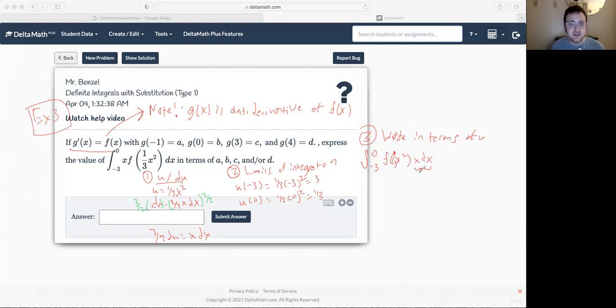So this x dx becomes 3/2 du. And then this becomes your f of u. And for our new limits of integration, we're going to go from 3, by the way, this limit of integration here is 0.